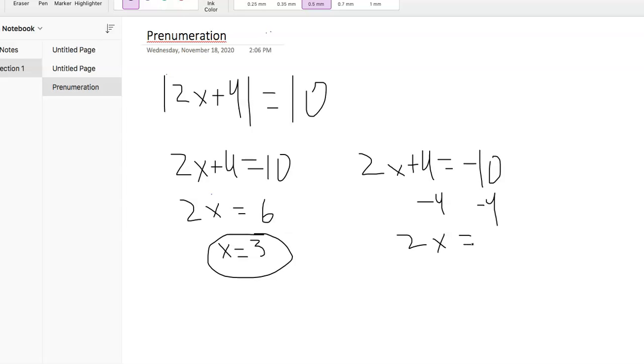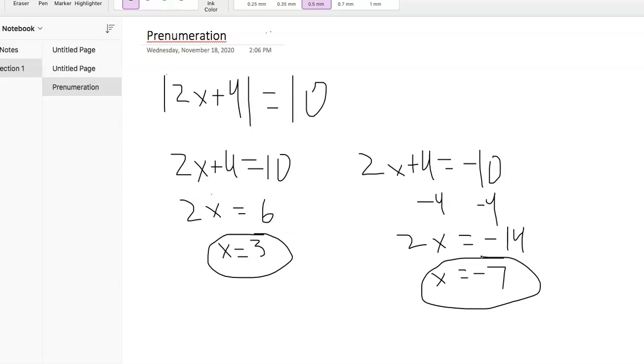Remember that negative 10 minus 4 is negative 14. And x, negative 7. Okay, and that's all there is to it, right? So that's really all you need to know.